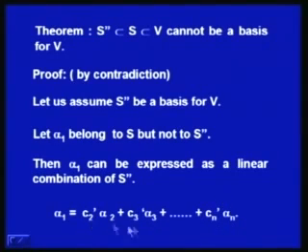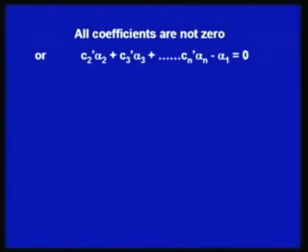where all of them need not be 0, or there may be some non-zero values of these coefficients for which this is possible. Thus, we conclude that all coefficients are not 0, and C2 dash alpha 2 plus C3 dash alpha 3 plus Cn dash alpha n minus alpha 1 is equal to 0 if we take alpha 1 on the same side.